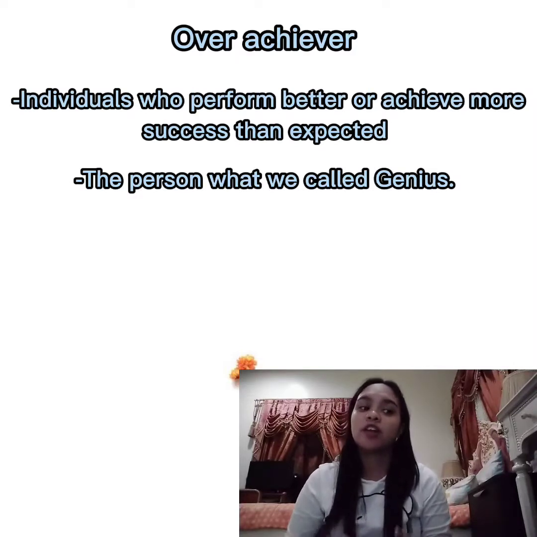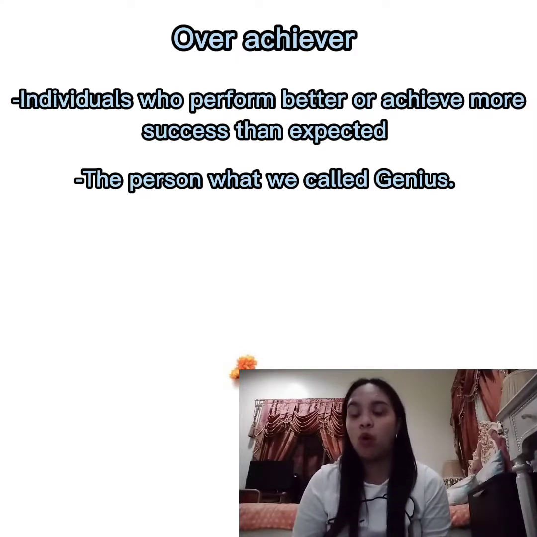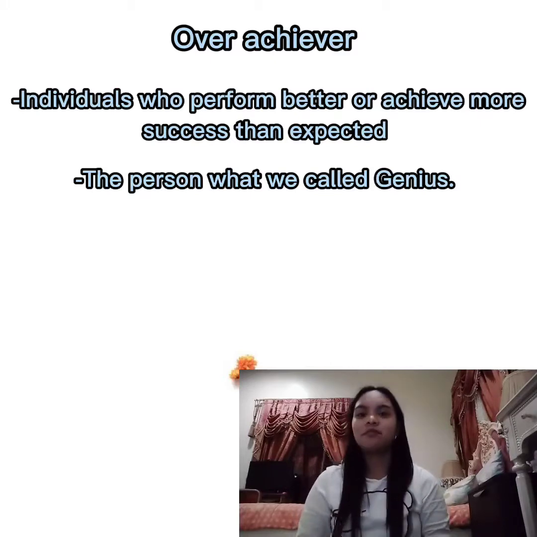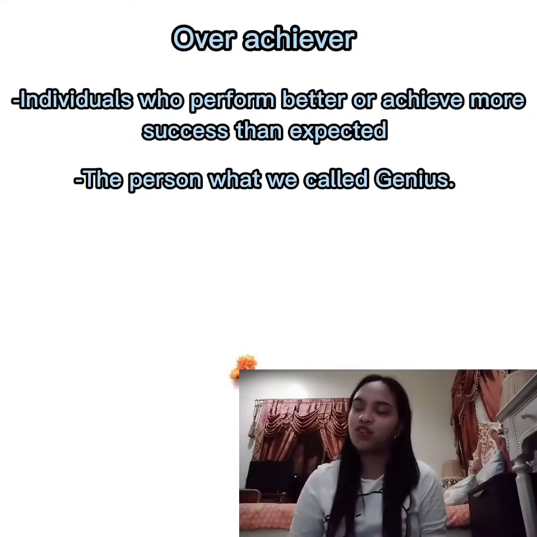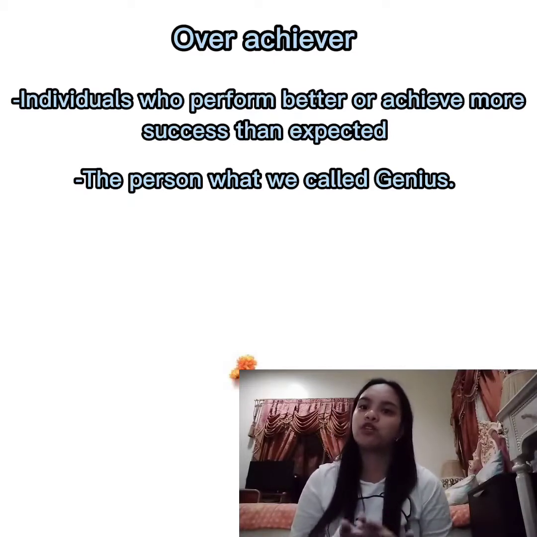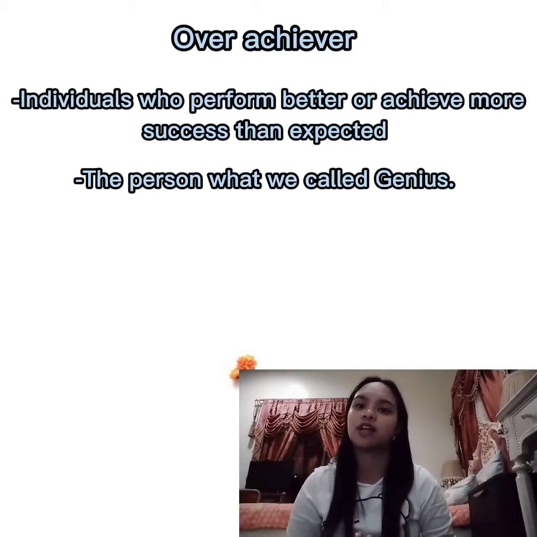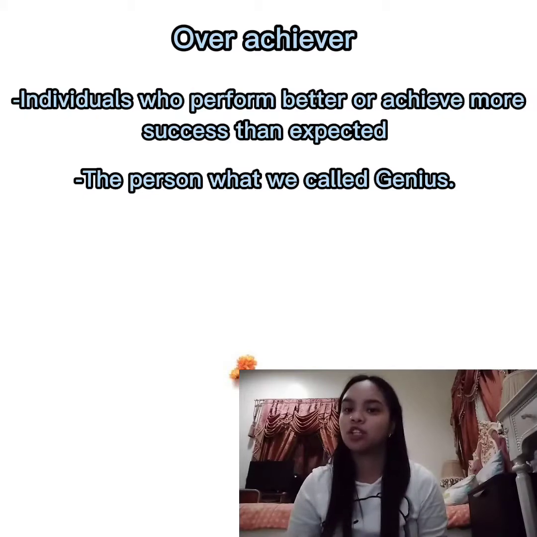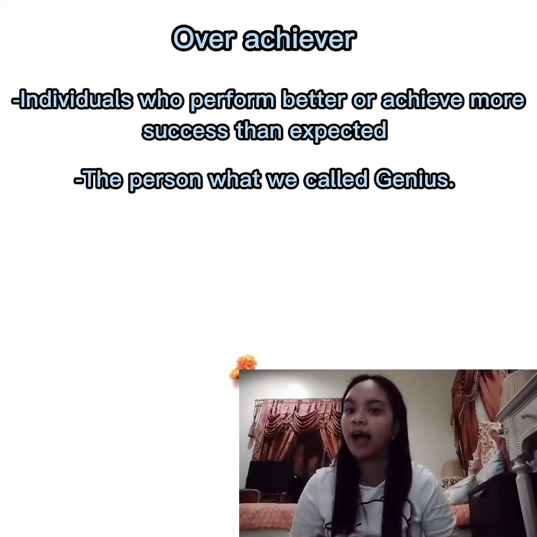They are the people whom we call geniuses. Achievement and IQ tests are used to measure learners' ability. Those who fall in the top 3 to 5% are recognized as gifted. The latter are overachievers who have very high grades.